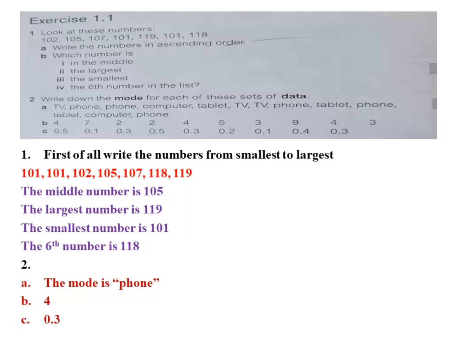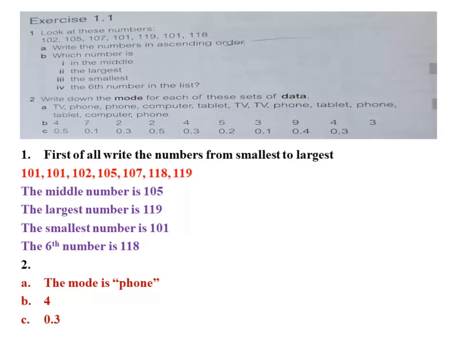Coming to serial number B, for the first question you need to find the middle number. Since this set has an odd number of numbers, you will be able to separate the lower half and the upper half, and you will have only one number as the middle number.